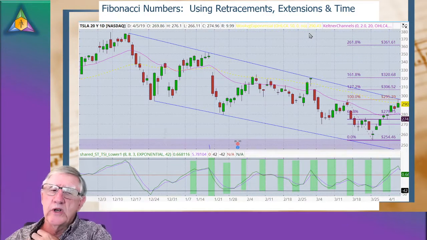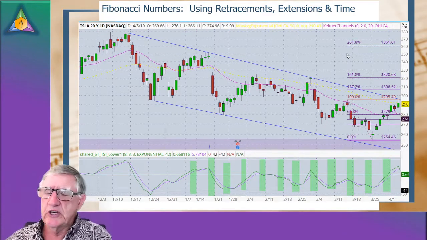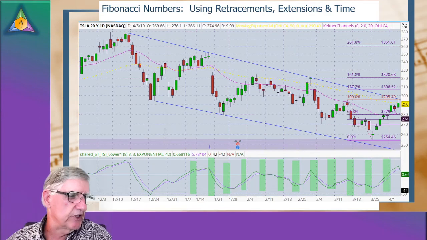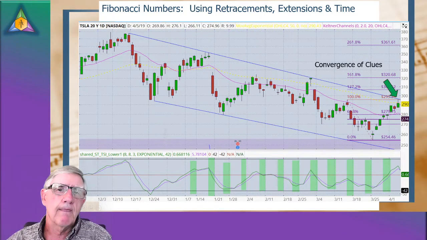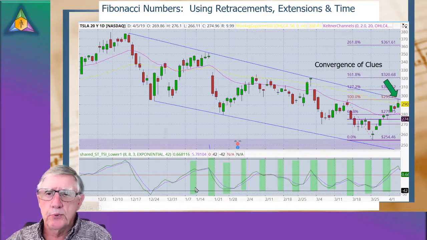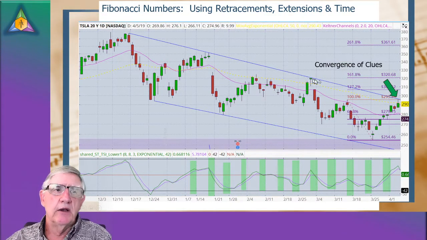Well, was there also potential symmetry with respect to timing in this particular instance? There's your convergence of clues. And this is also telling us that, from a purely price action perspective, we had price action hitting up against a downtrending line, a downtrending channel, at a moving average.